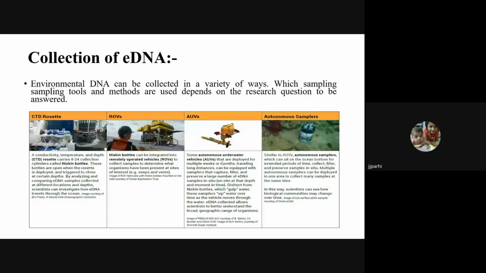These bottles are open and are closed inside the water when triggered; the opening and closing differ between systems. In an autonomous underwater vehicle, the sample bottle goes inside the water, and at a particular interval it collects water, sipping it without gulping. Likewise, an autonomous sampler is fixed at the bottom and can collect samples at regular intervals.